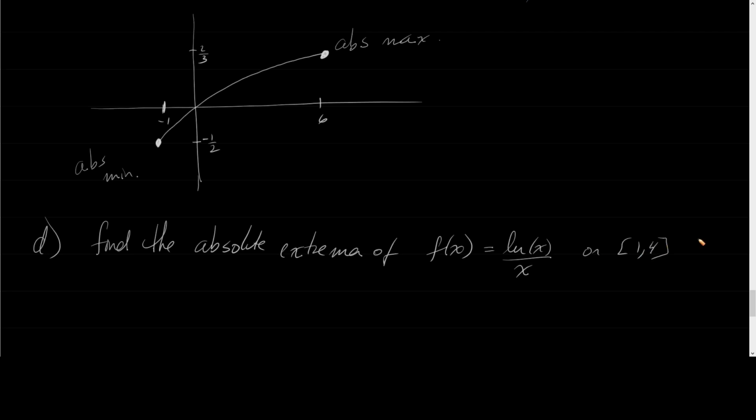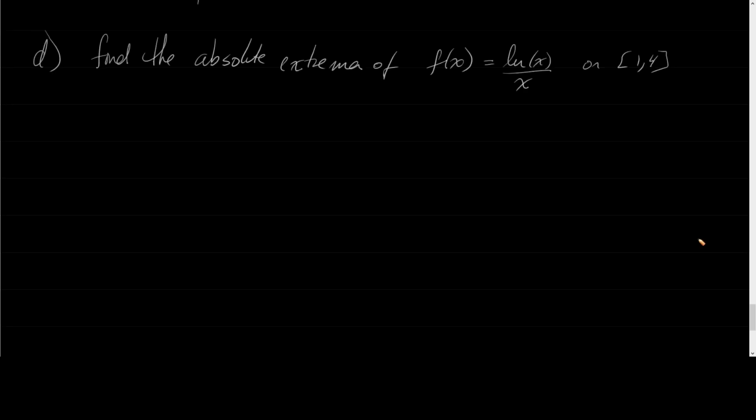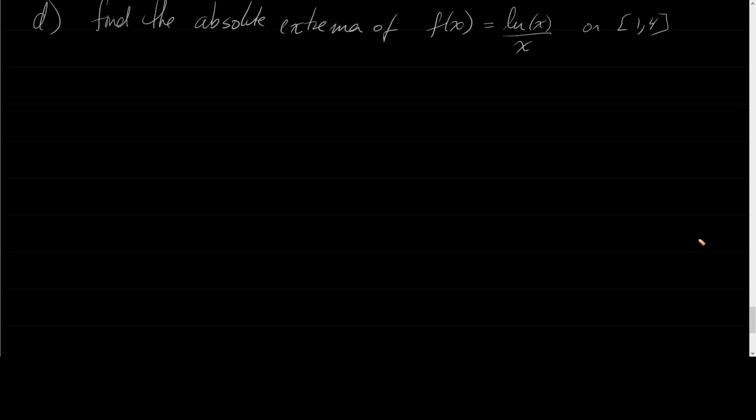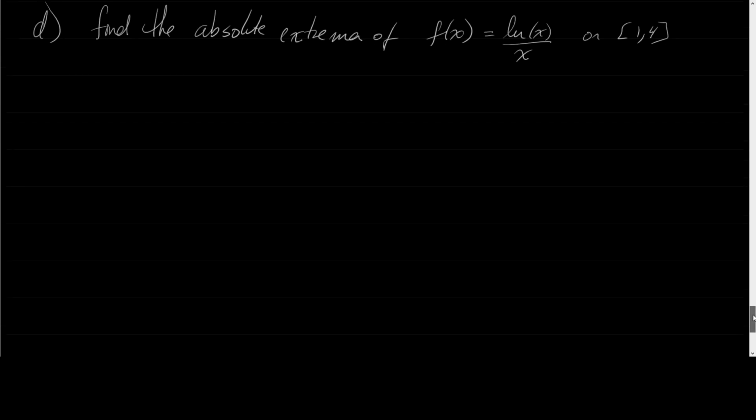All right, so again here, just like in the previous example, we're looking for the absolute extrema in that interval. Because we're looking for the absolute extrema, there are three spots where it can happen. There are three contenders: the left endpoint, the right endpoint, or the critical point. So let's first figure out what happens at the endpoints.